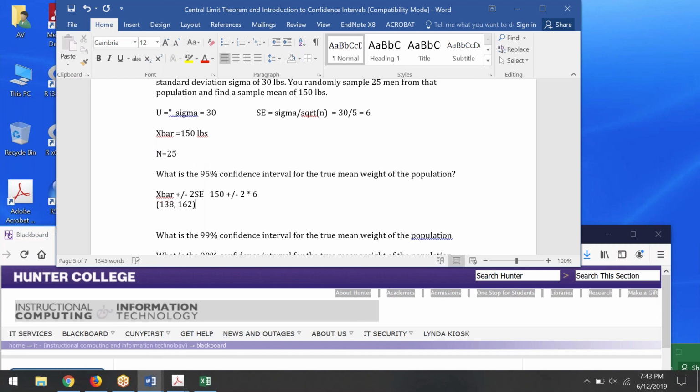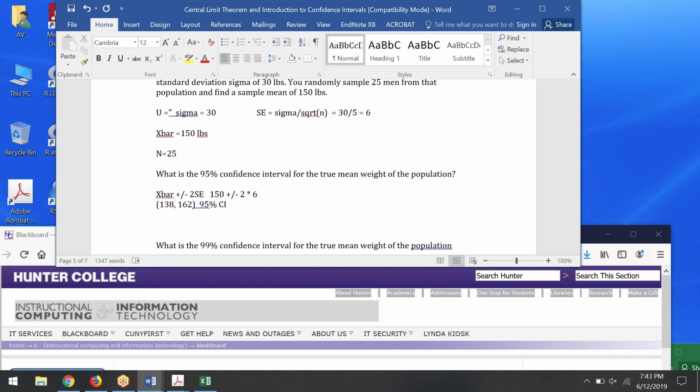So given this information, what we know about sigma and about our sample mean, we're 95% confident that the true population mean is between these two numbers.